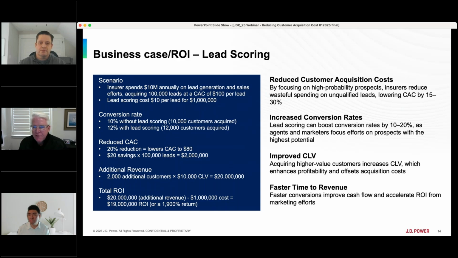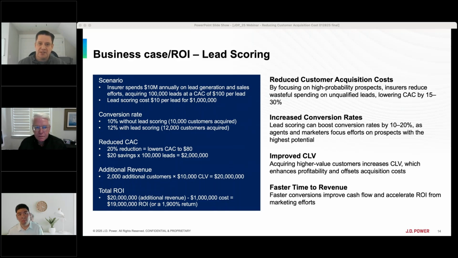So, Steve, any other thoughts here on the business case or the ROI story? I think just what's hard to quantify up front when you're doing an acquisition model, but we'll have a separate webinar on, but I want to bring it up here, is when you're acquiring the right customer, you're retaining that customer.